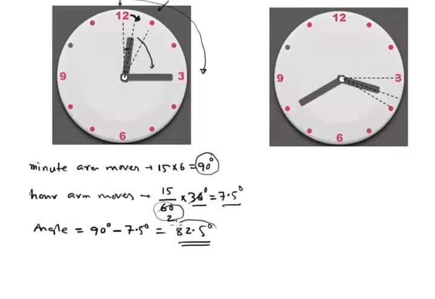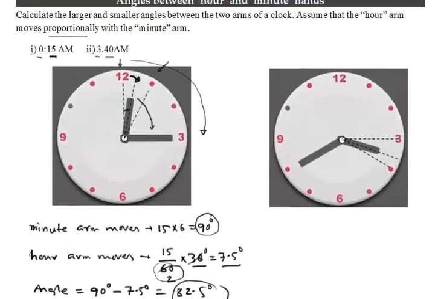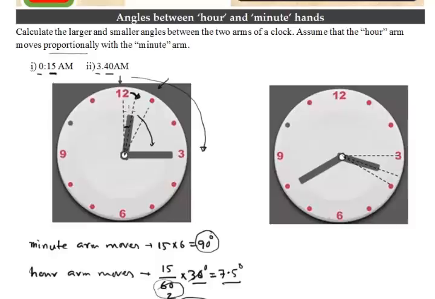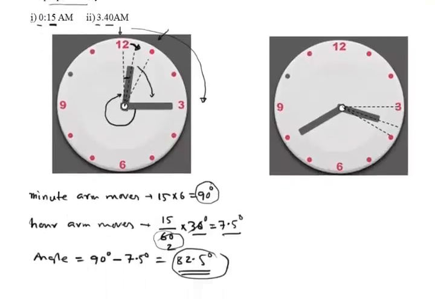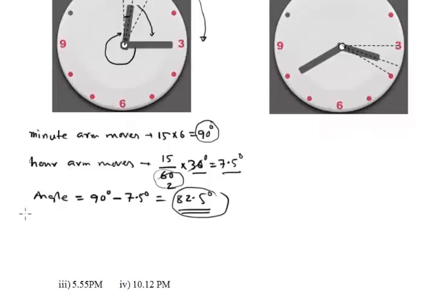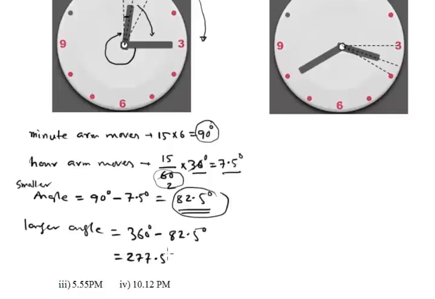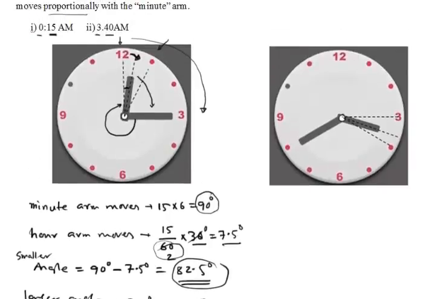So this is the smaller angle between the hour arm and minute arm when the time is 0:15 AM. What will be the larger angle? As soon as we know the smaller angle, the larger angle will be 360 degrees minus this smaller angle, 82.5 degrees. If we calculate it, we will get 277.5 degrees.